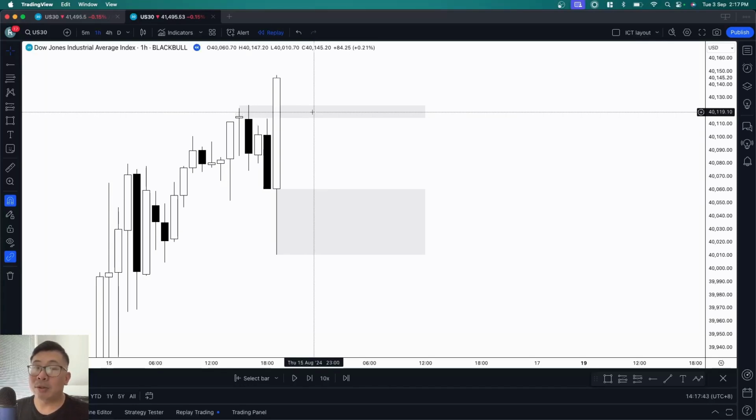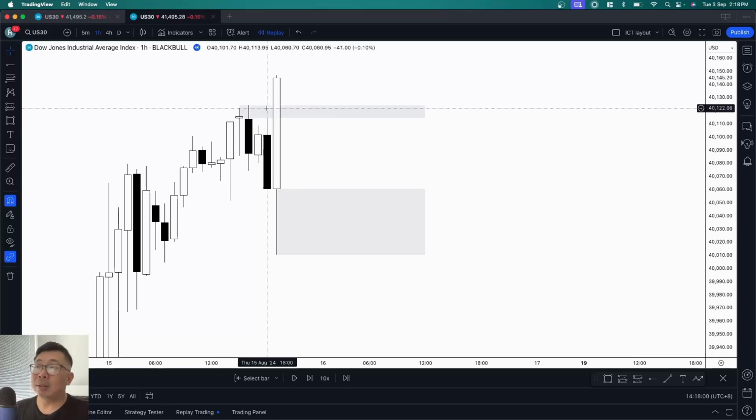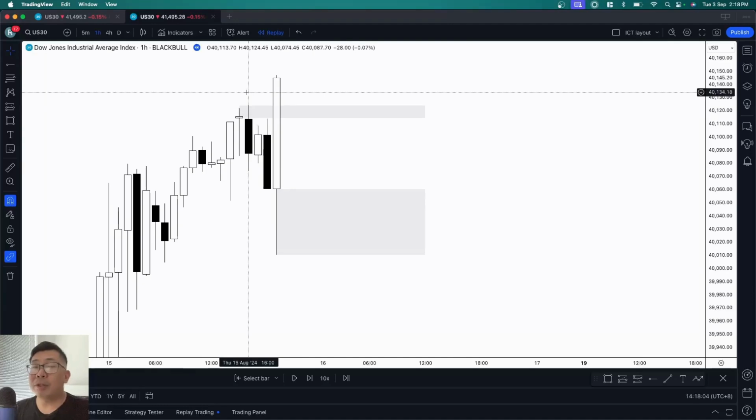That means price has not broken the resistance. But if price has gone above and beyond this area, that means it's closing above the close of the previous candle, and also above the previous highs, in this case this one and this one. That means officially price has already broken that resistance.